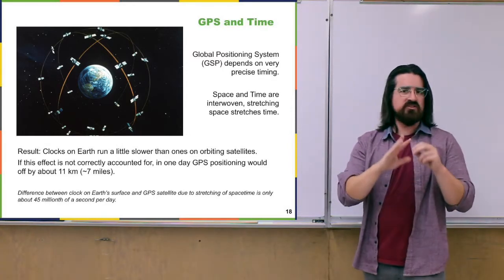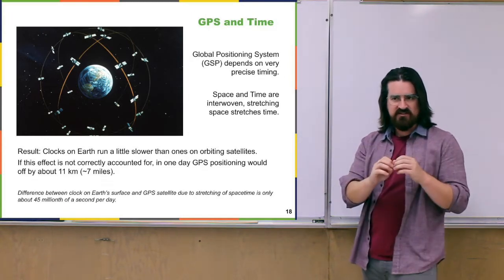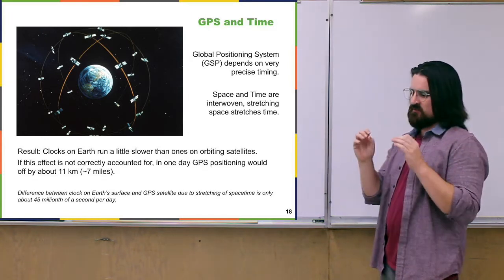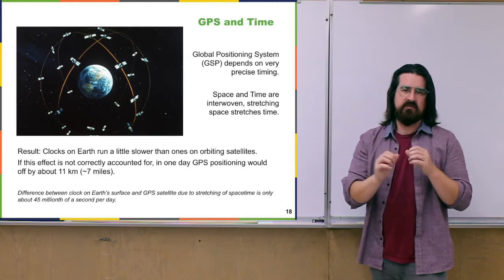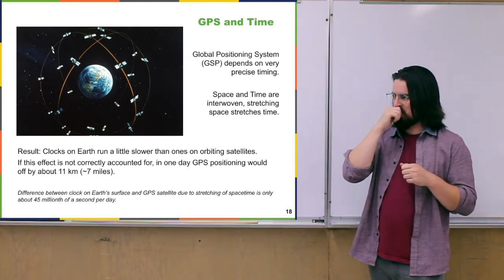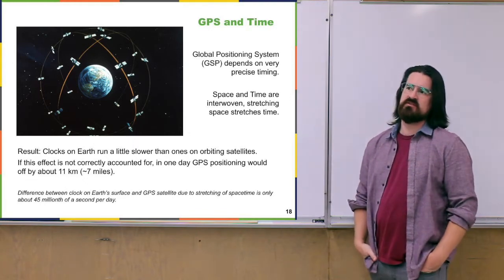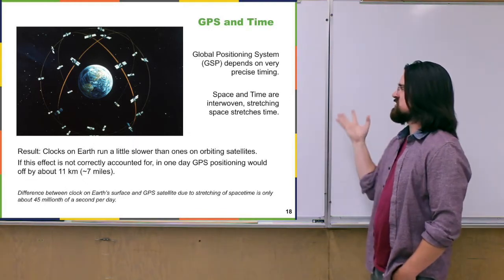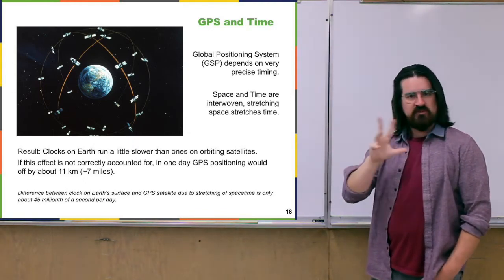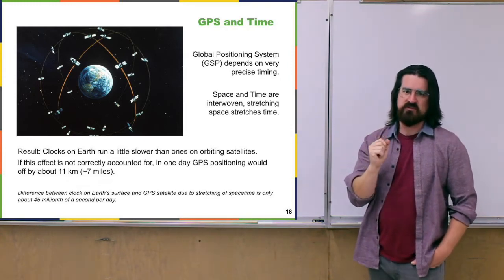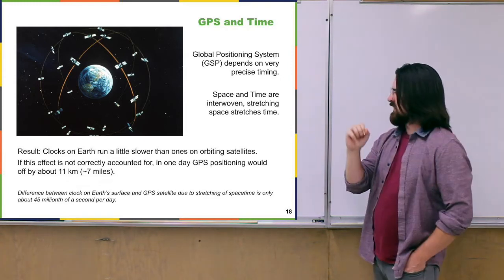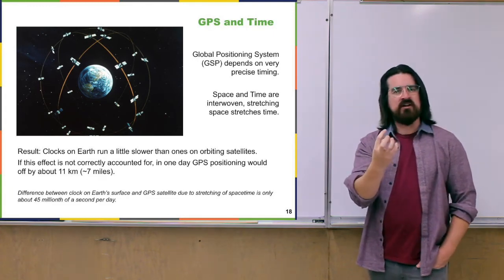It's just to say that GPS doesn't work at all unless we're able to measure durations of time very precisely, down to millions and billions of a second. As I mentioned, space and time are interwoven in our new picture of space-time, and the Earth has its gravitational field.